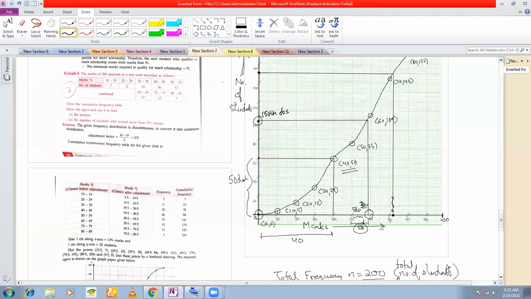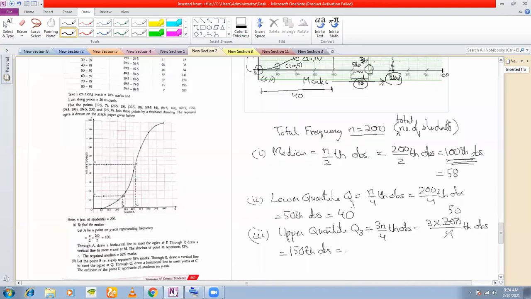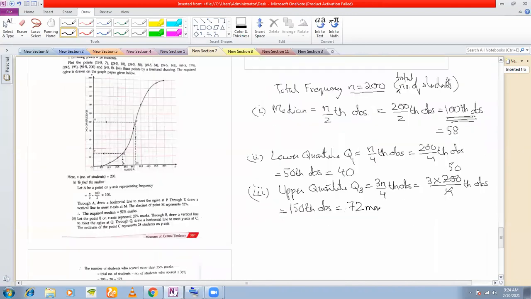I think this is 3 divisions or 2 divisions. Let's take 2 divisions. This is 2 divisions here after 70. And each division along the x-axis is 1 mark. So that means 70 plus 2 is 72 marks. So this is 72. Let's write marks also. So upper quartile is 72 marks, lower quartile is 40 marks, and the median is 58 marks.